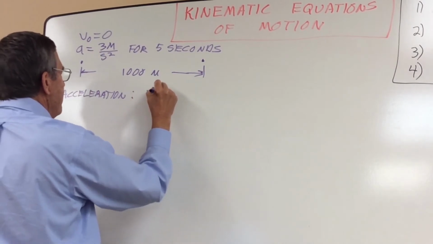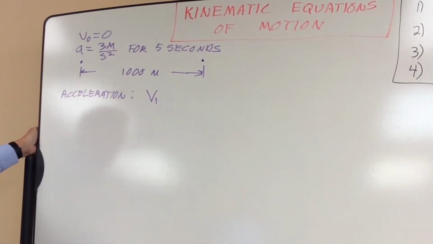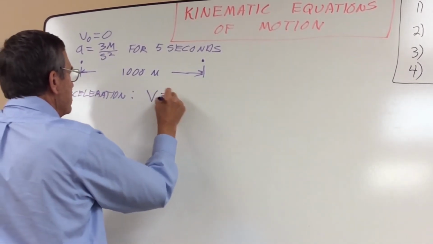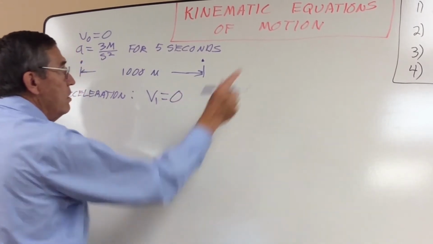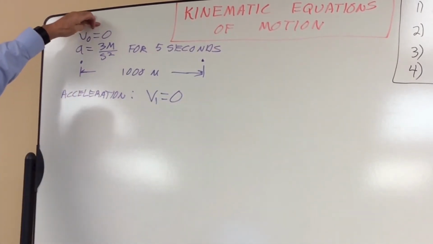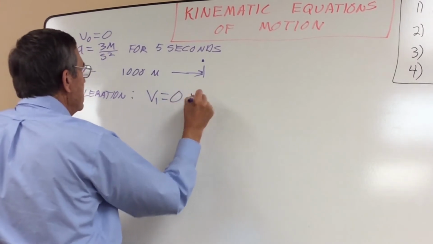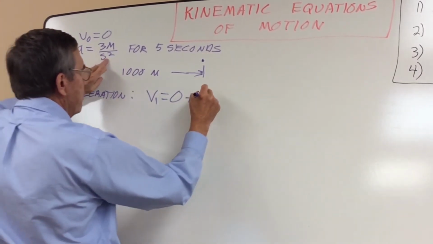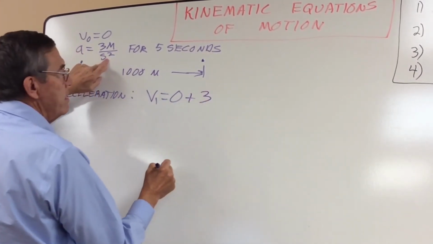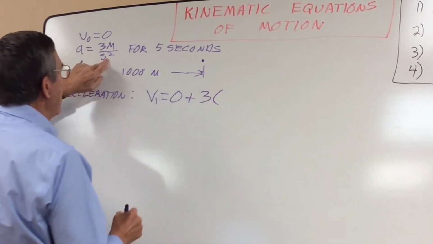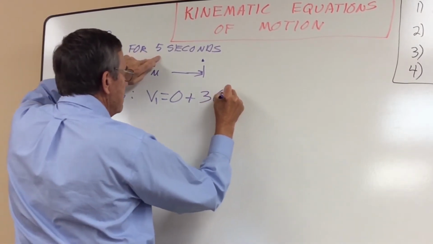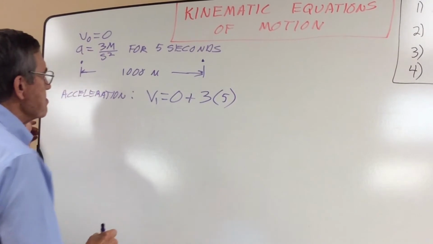So let's say that V1, the velocity at the end of our acceleration, is going to be equal to 0, which is starting from rest, okay, plus, we said we're accelerating at 3 meters per second squared, and we are doing that for how long? 5 seconds. Okay?